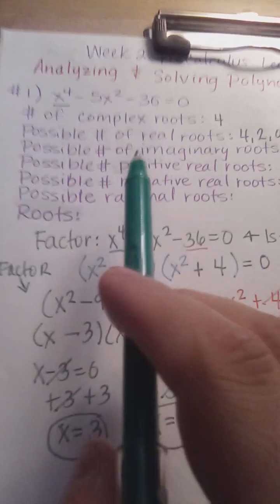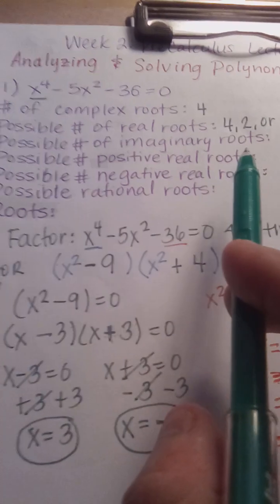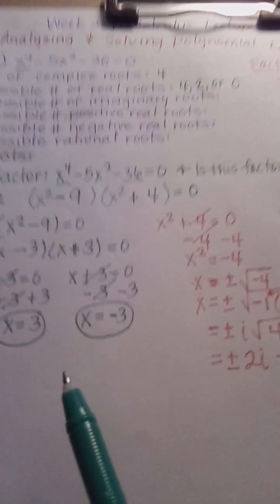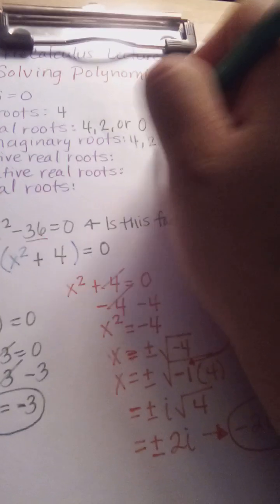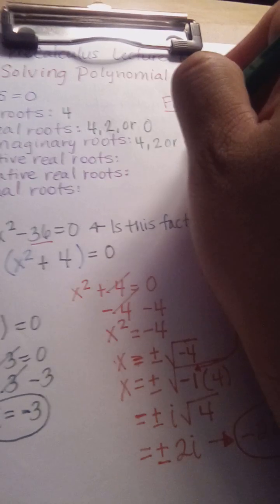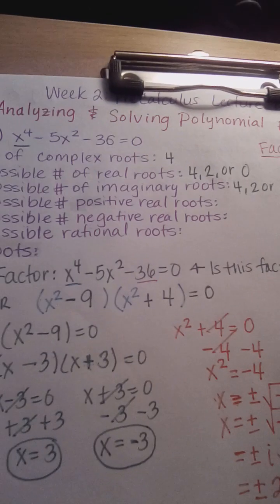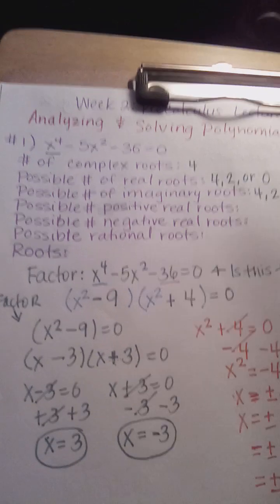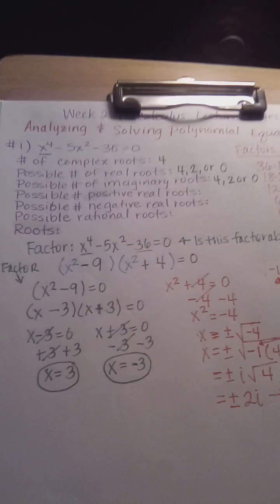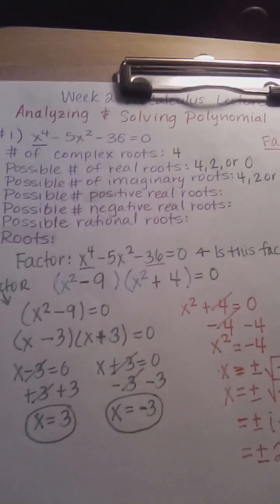Next, possible number of imaginary roots. Same as the previous one. 4, 2, or 0. All right. So we have the possible number of real roots and the possible number of imaginary roots are 4, 2, or 0.